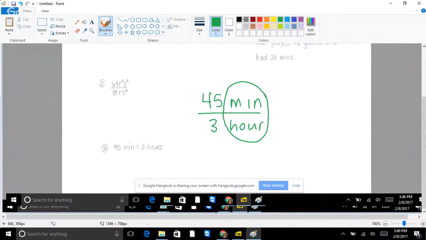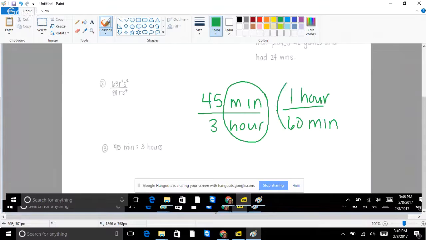And I wish actually our book had some more details about this, because what we need to do is get these into the same unit of measurement. Okay, so what we can do is say, I know that 1 hour is 60 minutes.